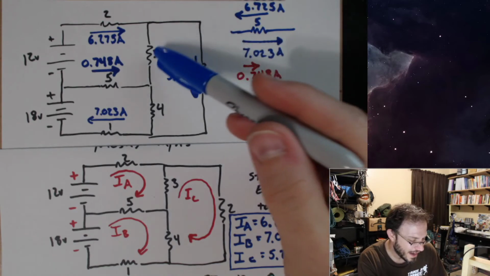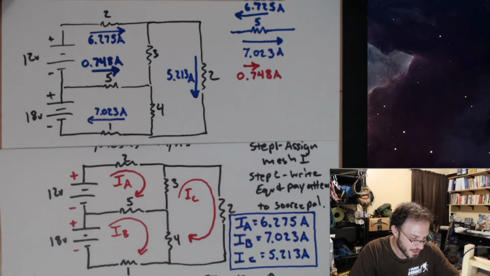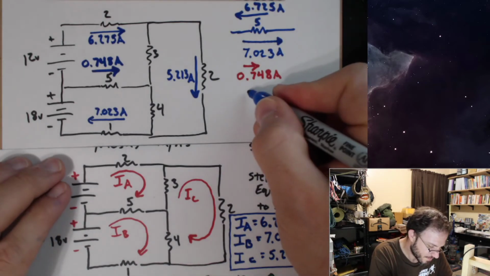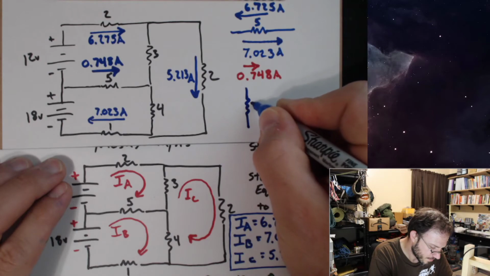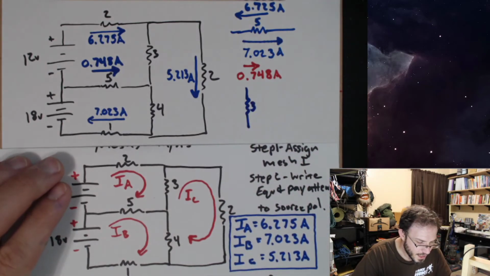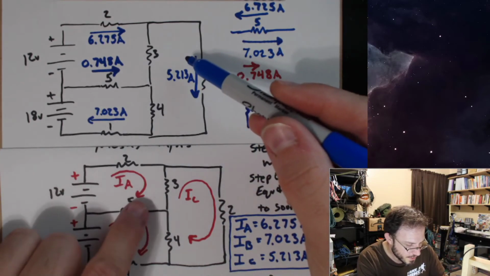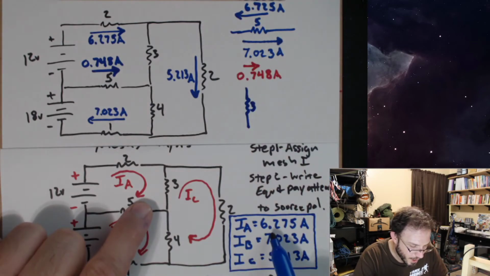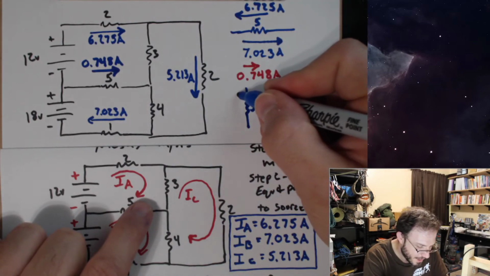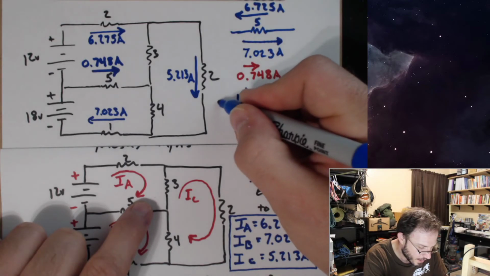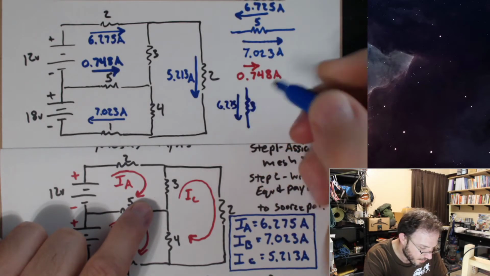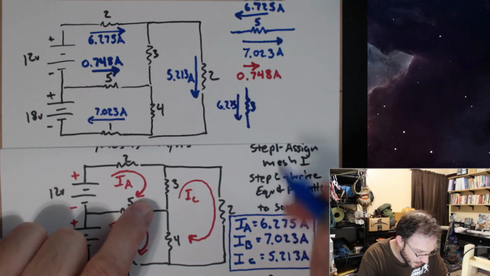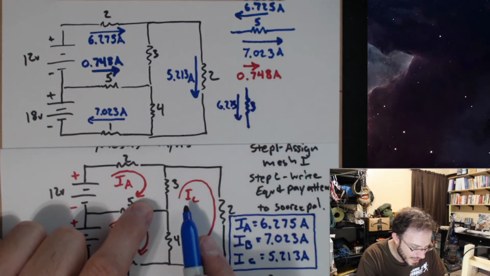Okay, let's look at the next one. We have 3 ohms. As far as this 3 ohms is concerned, we have IA. IA was positive. It's going in the same direction as the mesh current, so it's going down with a value of 6.275. Sorry, I'm squeezing that one in there. It also has mesh current IC involved.